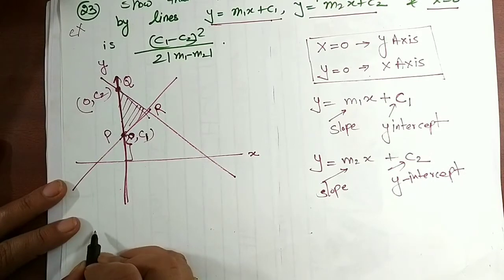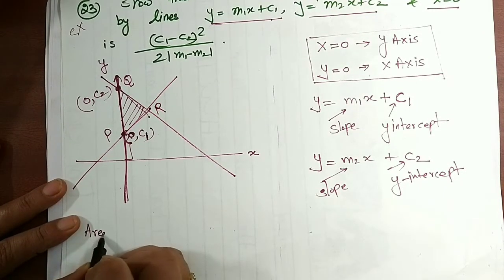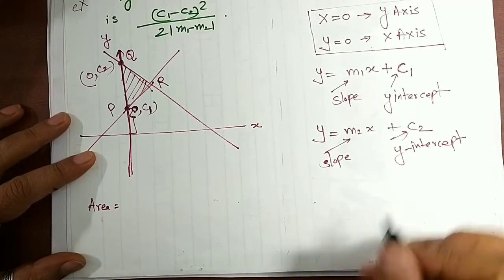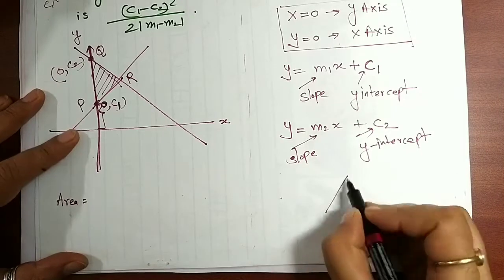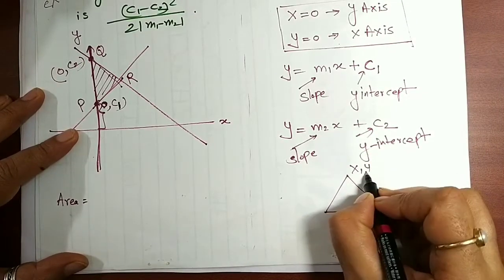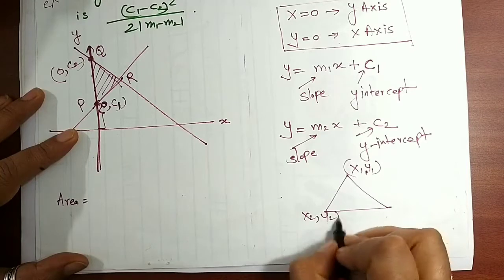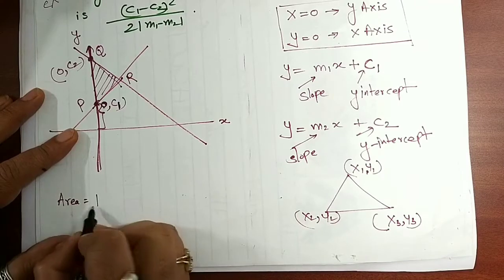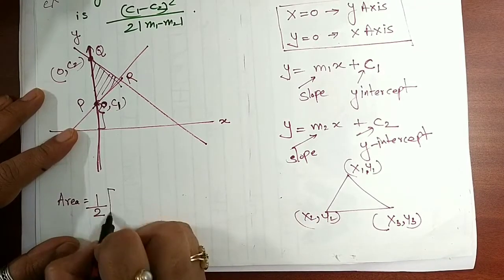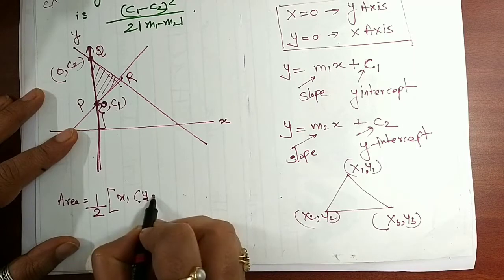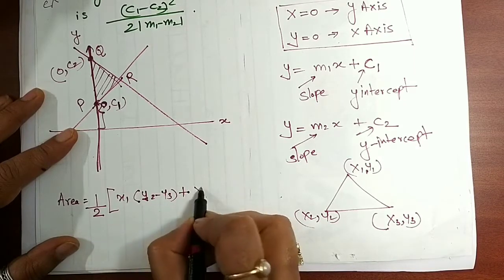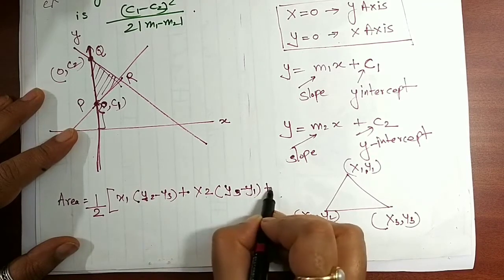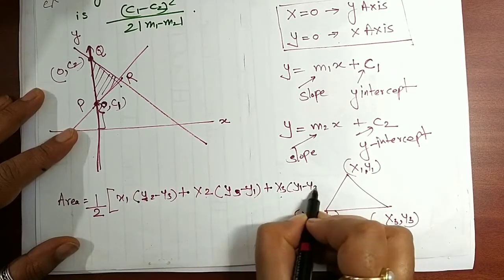In the coordinate system, the area of a triangle, if you remember, if 3 points are given, for any triangle, x1, y1, x2, y2, and x3, y3, is given by 1 by 2 times the mod of x1 into (y2 minus y3) plus x2 into (y3 minus y1) plus x3 into (y1 minus y2).